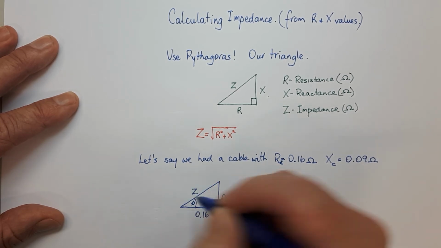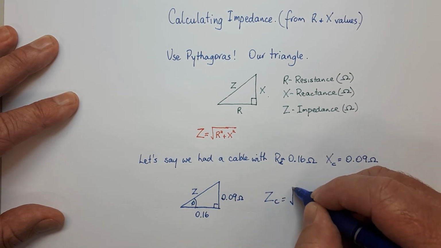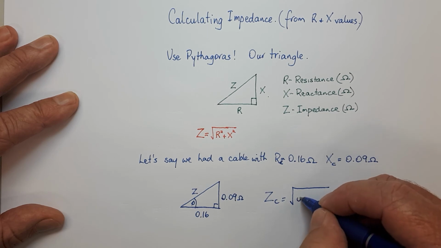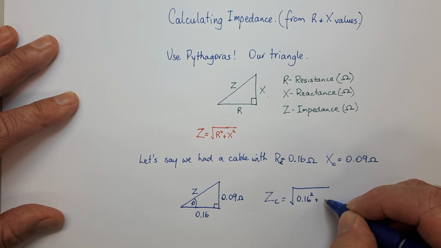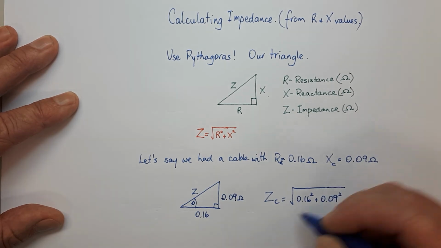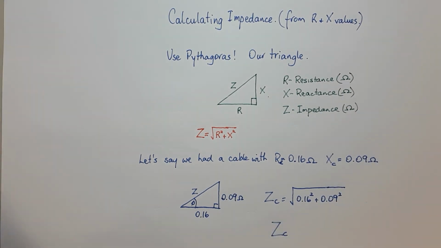So the Z of that cable, so ZC, is the square root of 0.16 squared plus 0.09 squared. ZC. So we'll bang that in our calculator.